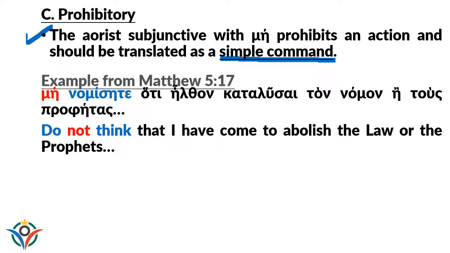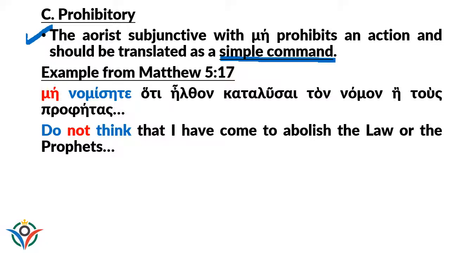The first one comes from Matthew 5 verse 17, where Jesus says, me nomisete. Right, so me is the negative particle, and it is accompanied by an aorist subjunctive. So we translate this as a simple command. Do not think.